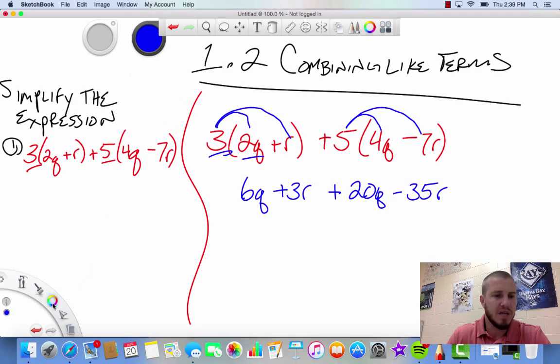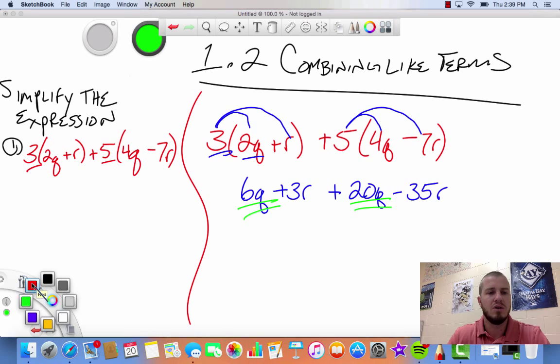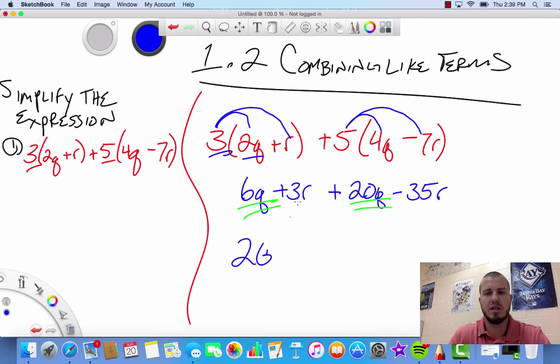So for example, in this next line, I have 6q, which cannot be added with 3r. You have to add it with the other q. So 6q plus 20q is equal to 26q.